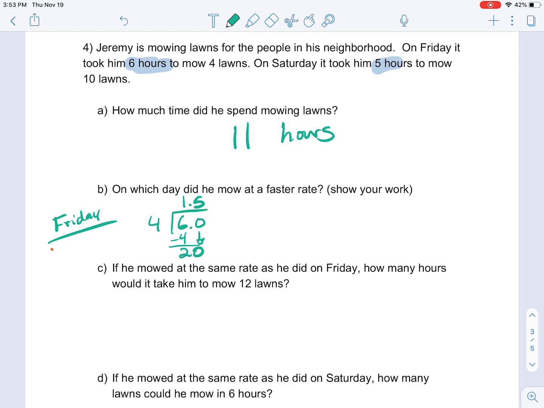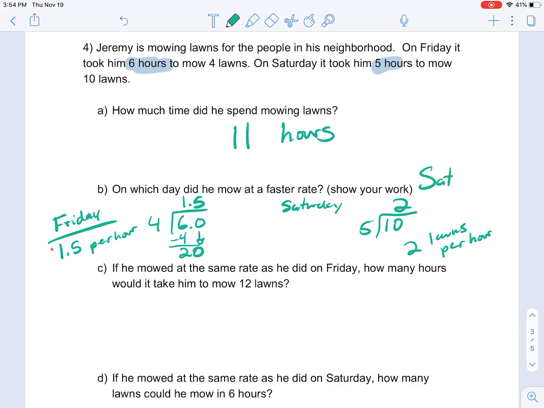So on Friday, his unit rate was 1.5 hours per lawn. Okay? Now on Saturday, it took him 5 hours to mow 10 lawns. So 10 divided by 5 is 2. So his unit rate is 2 lawns per hour.